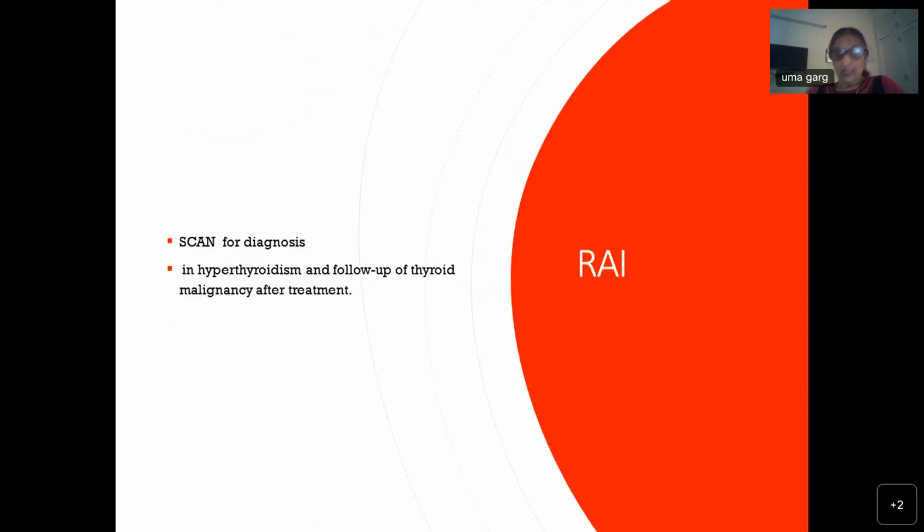This relation is seen, and by this we can also decide about the treatment. Suppose a solitary nodule is there and in hyperthyroidism we do a radioactive iodine scan, and if that is a toxic adenoma, then we can do hemithyroidectomy as a treatment. So the radioactive iodine scan is done in hyperthyroidism cases.